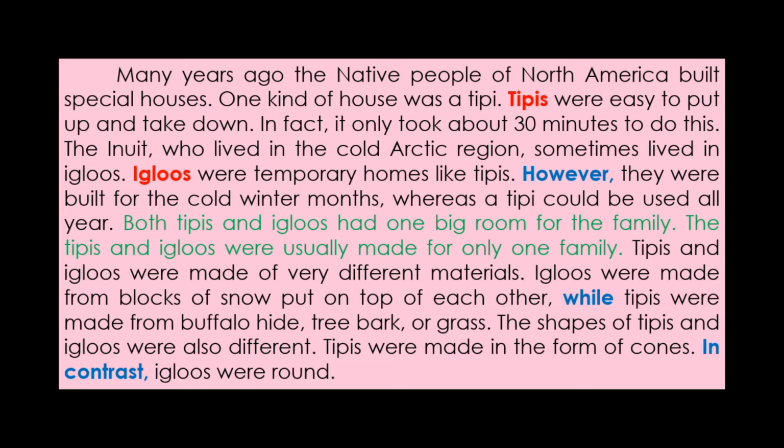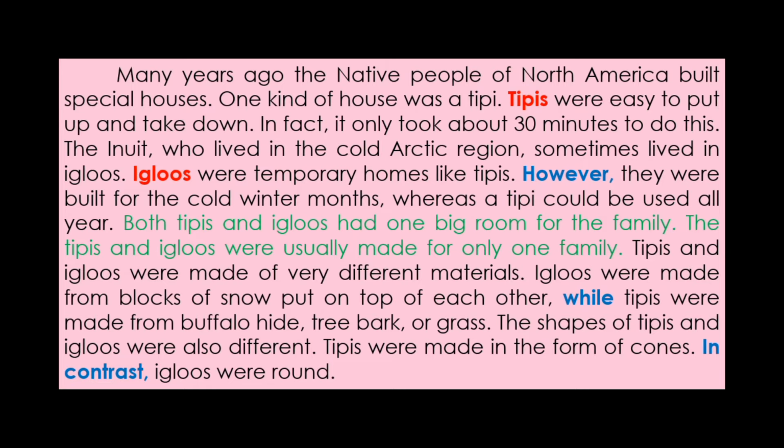So what clue words in the paragraph show that the author is comparing and contrasting? We have the word however. What else? Both. What else? While, and we also have contrast.